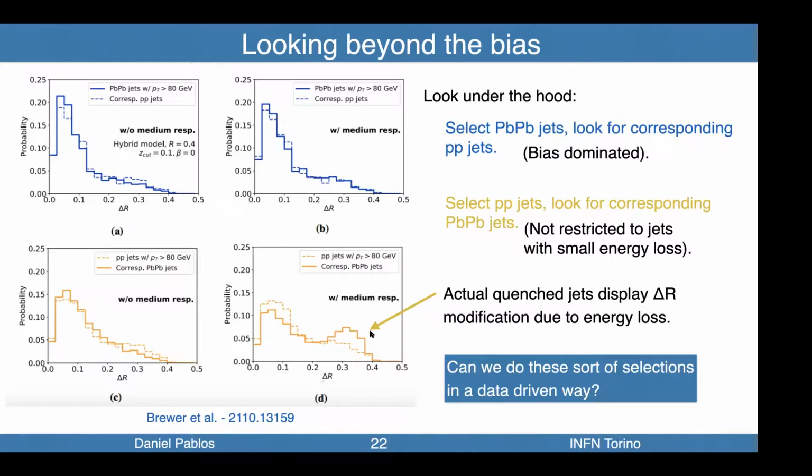If you do the opposite, something similar to a photon-jet selection, where you select pp jets and then look for the leading jets, no matter what their pT is, above some minimum of 10 or 20 GeV at least, then you will see that these jets actually have a modified groomed radius due to the physics of energy loss.